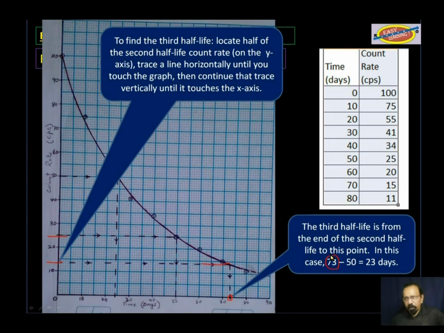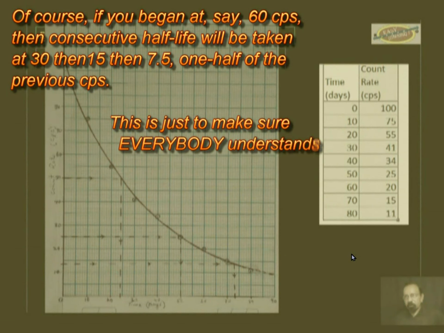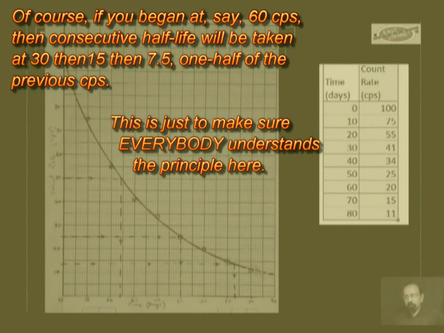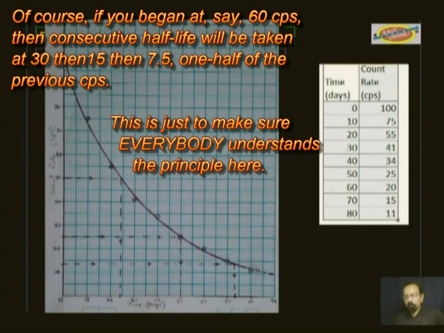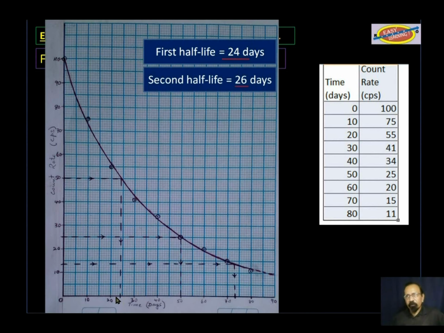So from 73, we subtract 50, and we get 23 days. So, in summary, the first half-life was 24 days, the second half-life 26 days, the third half-life 23 days.